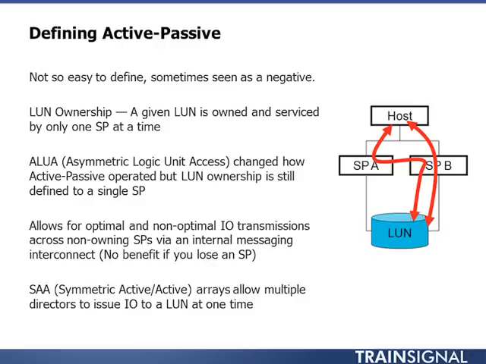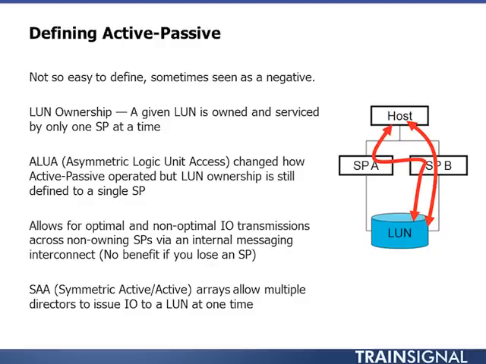You lose an SP, doesn't matter. You lose B, everything trespasses, or moves, migrates, whatever you want to call it, over to SPA. Now that host is accessing that big blue LUN across SPA. That's how it works. Now, there's this notion within ALUA of optimal and non-optimal I/O transmissions.